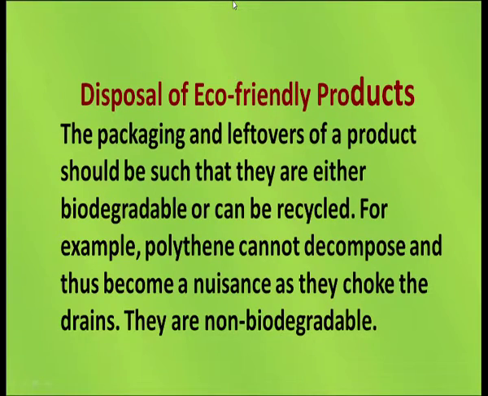Now, on the basis of disposal, what are eco-friendly products? The packaging and leftovers of a product should be such that they are either biodegradable or can be recycled. For example, polythene cannot decompose and thus it becomes a nuisance as it chokes the drains.